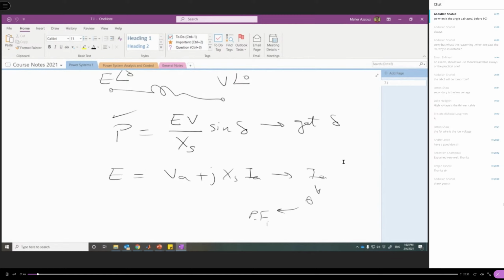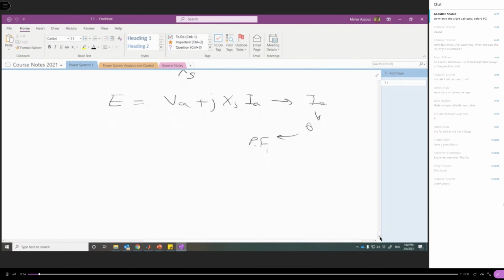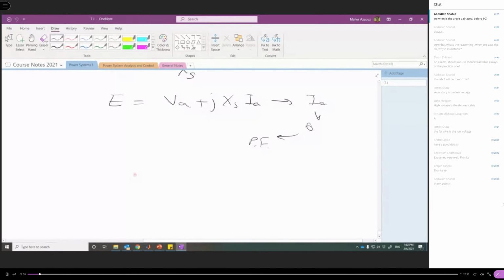Before starting today's lecture, I'd like to complete the last example in the generator modeling presentation. So in the previous lecture, we introduced a circuit that models synchronous generators. Let me quickly remind you about it. In the previous lecture, lecture 8, we had this circuit that represents synchronous generators.